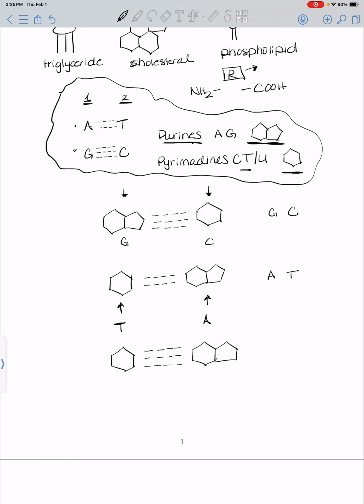So we know it has to be guanine and cytosine because they form 3 hydrogen bonds when they base pair. Then we look and see which one of these is a purine with a double ring structure. And a purine with a double ring structure has to be guanine. So this has to be guanine. The single ring structure over here is a pyrimidine and it has to be cytosine because G always base pairs with C. And we have 3 hydrogen bonds, so we know it has to be G and C together.